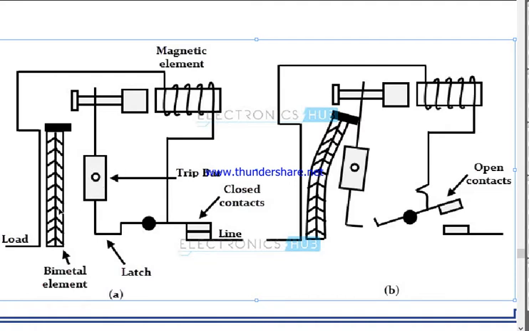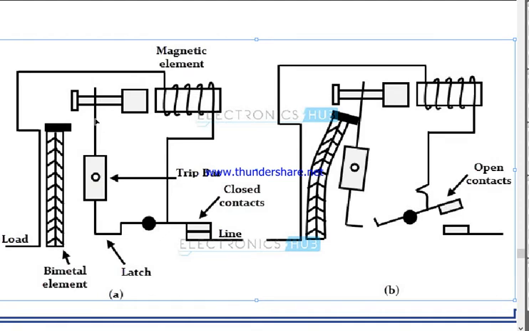This bimetal element gets heated. When excess current passes through it, it gets heated, it bends, it changes its shape, and as it changes its shape, it hits this bar.